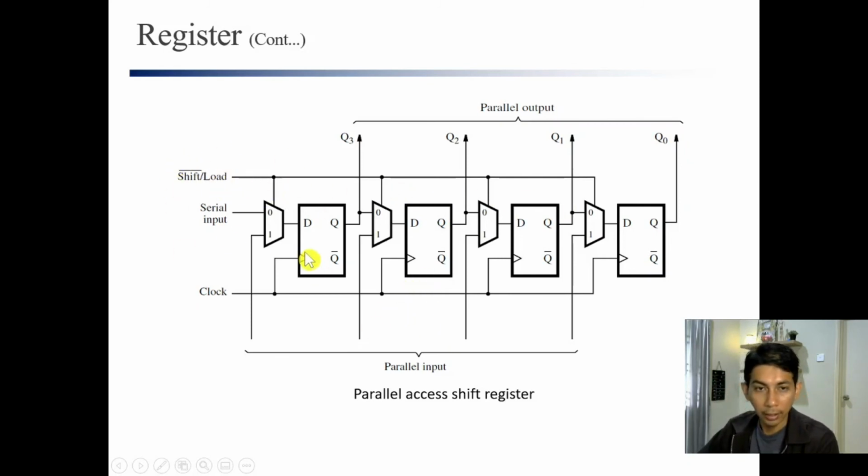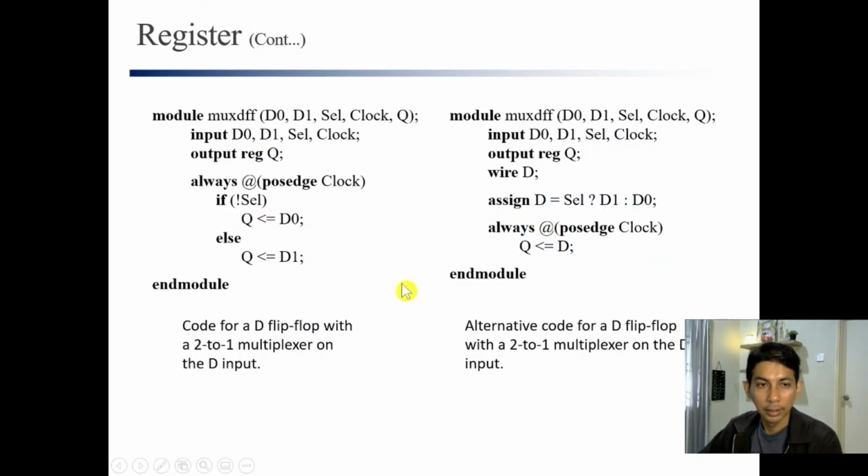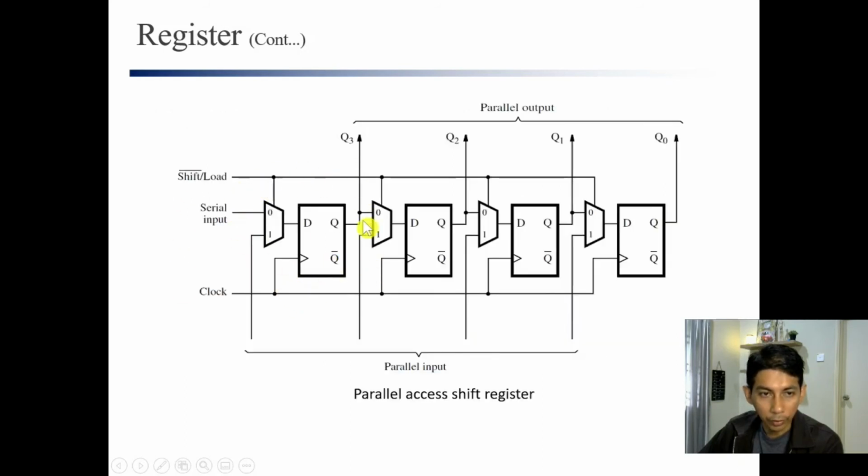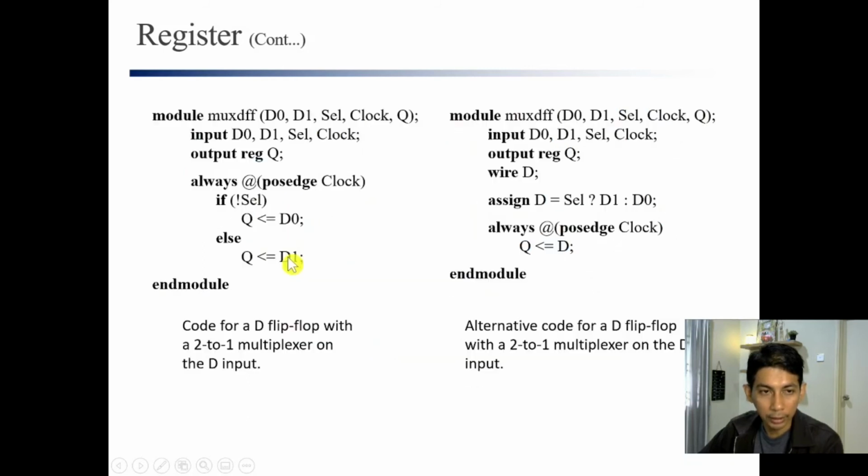Now again, how do we write the code for this? Before that, maybe we can write the code for one flip-flop with a multiplexer in front. We can write something like this.